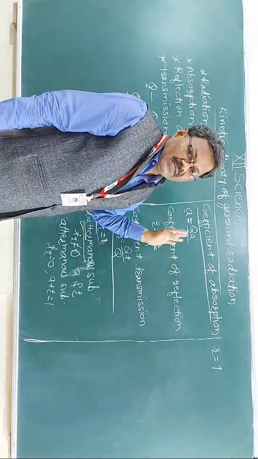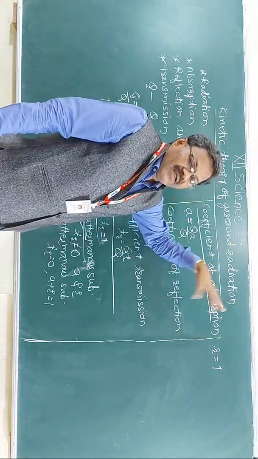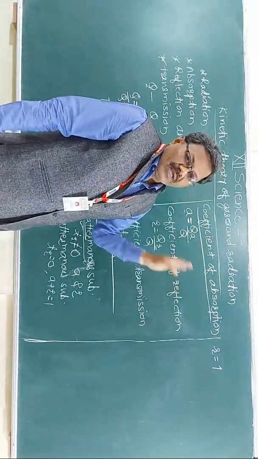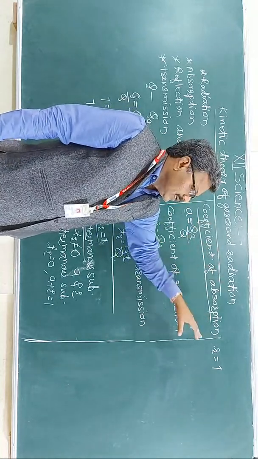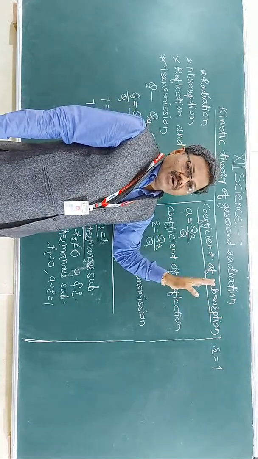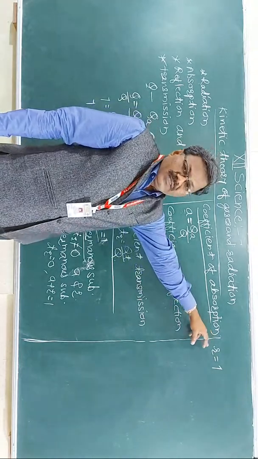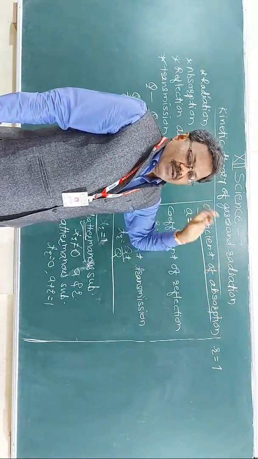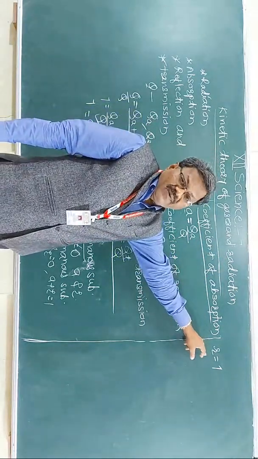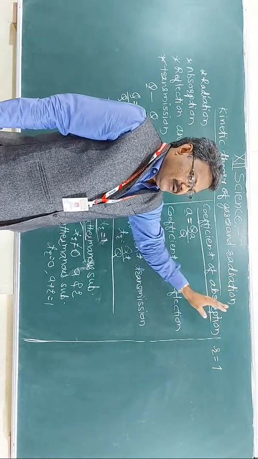A perfect reflector is a poor absorber and a poor transmitter. The body has poor transmission and poor absorption, but reflection is maximum, and it acts as a perfect reflector.